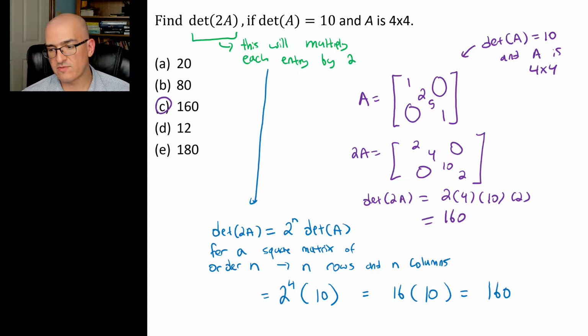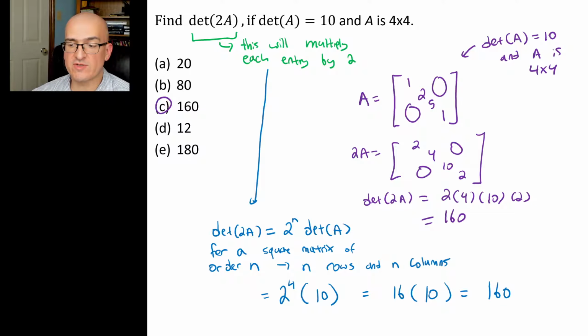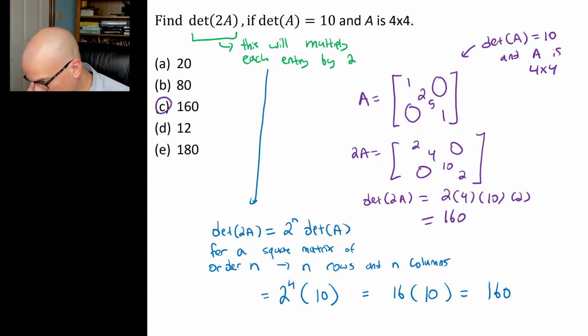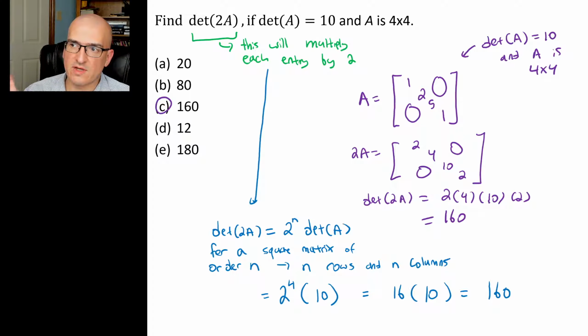So if you have 2 rows in a 2 by 2 matrix, each of those rows gets multiplied by 2. You're going to get a total multiplication by 4 for that determinant of that 2 by 2 matrix. And then you'll have another 2 coming from the Aij term in front of the cofactor.